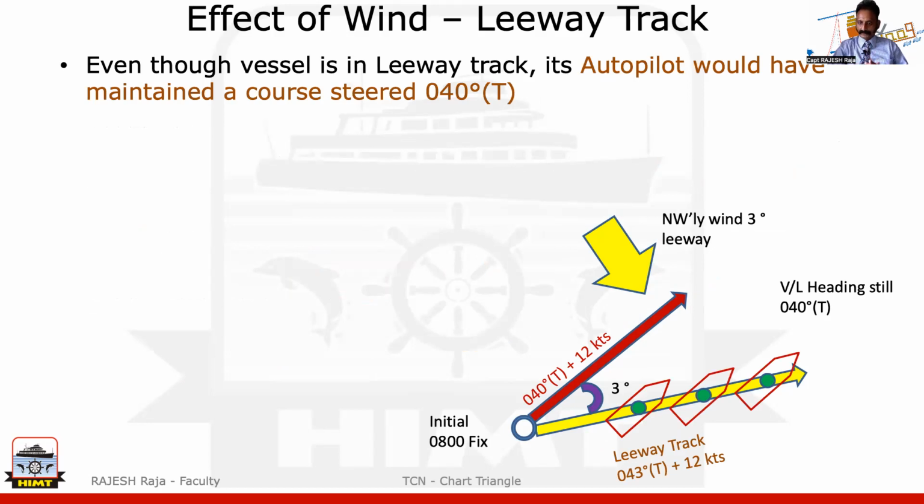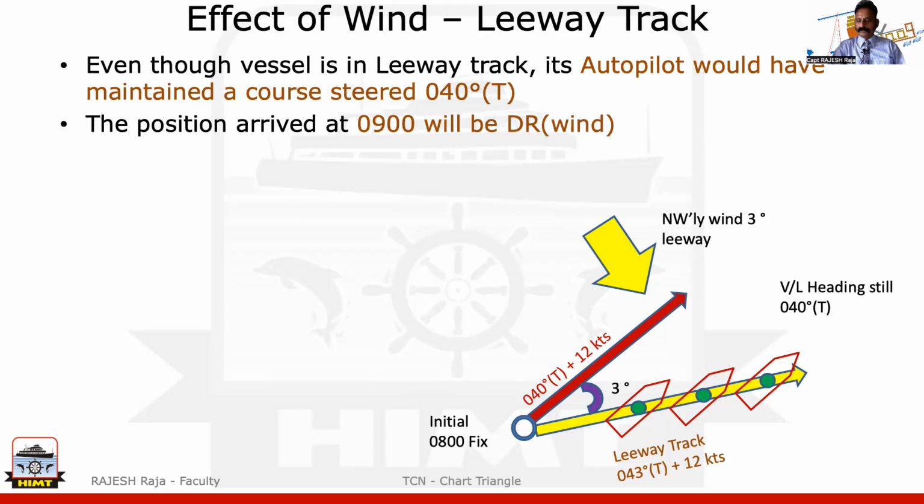I am on the leeway track, but my fore and aft line of the ship is still 040. So what happens to you after 1 hour? After 1 hour, you will reach a position called DR. I've just marked it DR wind. My idea is to differentiate between a DR, which I told you earlier in the previous module. If you remember, I can get a DR on my CTS track also.